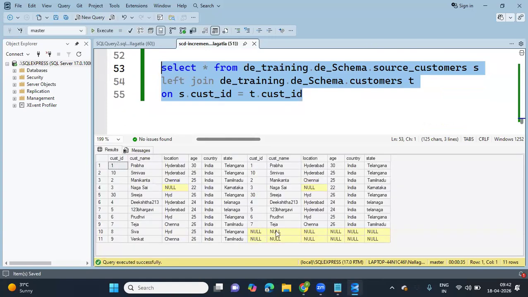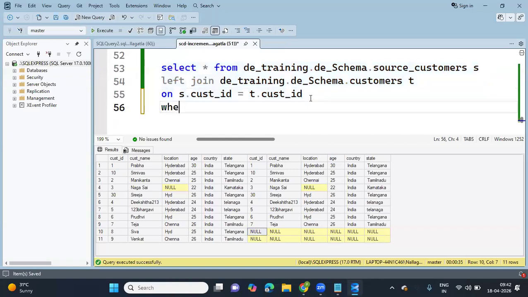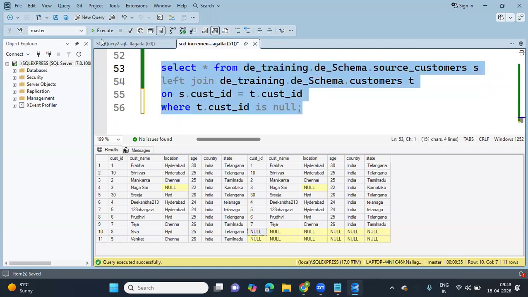Okay, how do you get these 2 additional rows? This is from the left table, the S table, and this is on the right table, the T table. So if I apply customer ID null on the right table, then I will get only these 2 rows, right? So let's apply where T dot customer ID, on the target side, is null. Okay, so this is what I want to insert into the target.